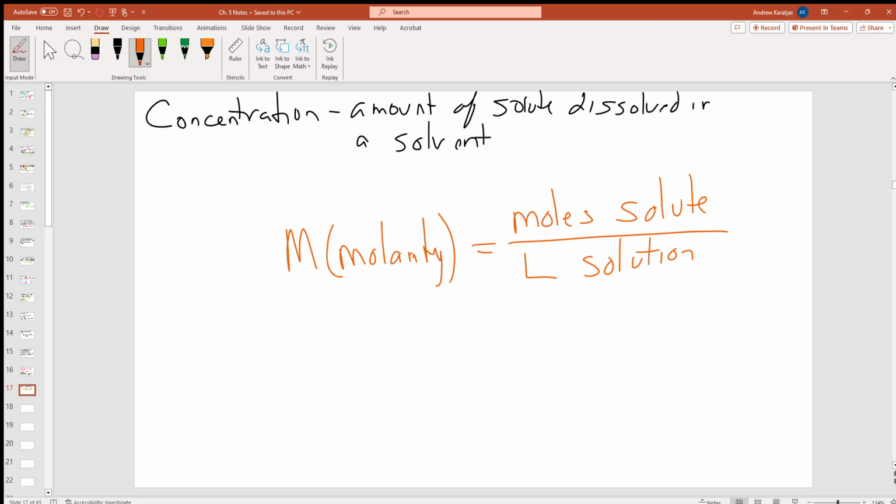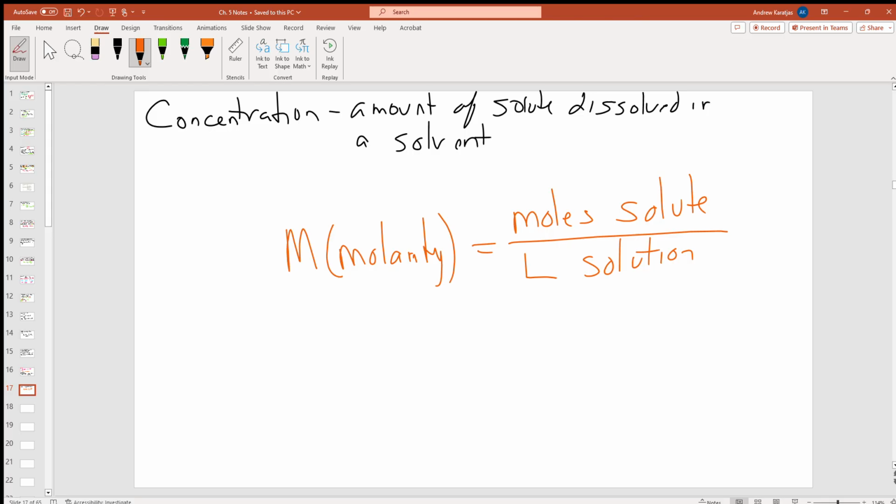So if we're talking about making a 250 milliliter solution of something, that does not mean we're using 250 milliliters of water or whatever our solvent is. It means we need a total of 250 milliliters of solution after our solute has dissolved.